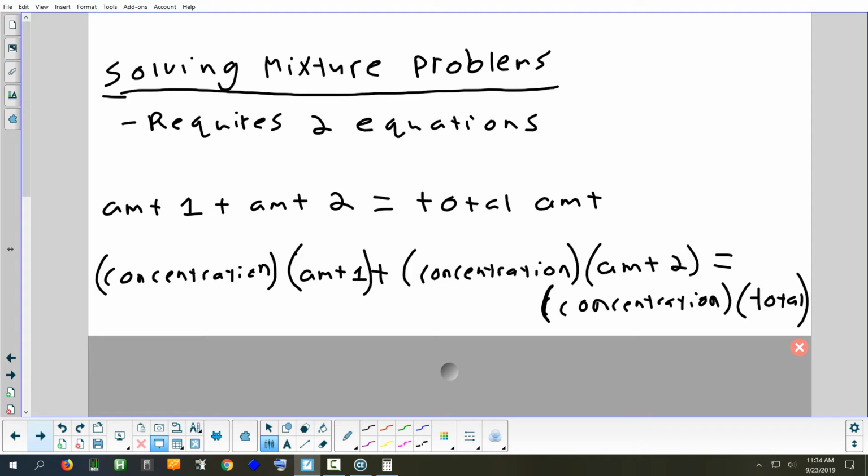The next equation is an equation for the concentration. So concentration times amount, that's the percentage of stuff that you're interested in. So like let's say, just to use simple numbers, I had 100 liters and 20% of it was rubbing alcohol.